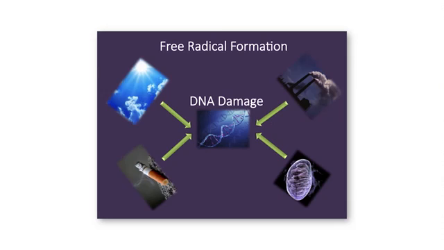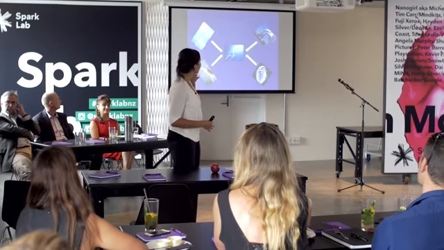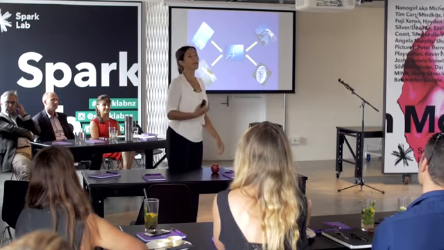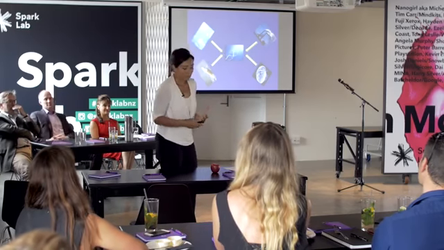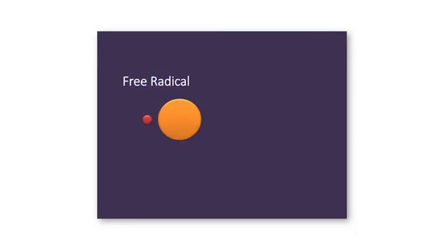Free radicals come from lots of places. Free radicals come from your mitochondria reaction, that ATP to ADP that gives you energy. They come from cigarette smoke, they come from pollution, they come from UV rays on your skin. And free radicals, I imagine them to be like something with a stick of dynamite on the end, basically. They come in and they're highly reactive, they have lots of energy, and they just destroy everything.